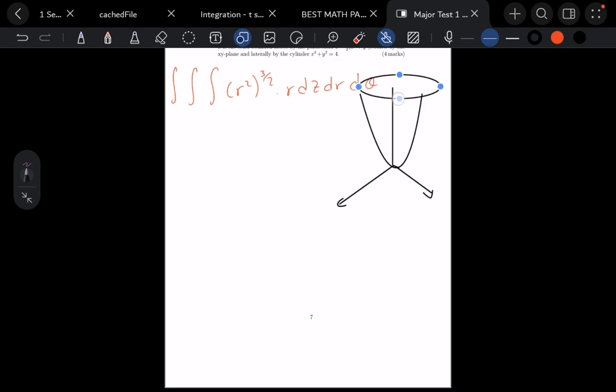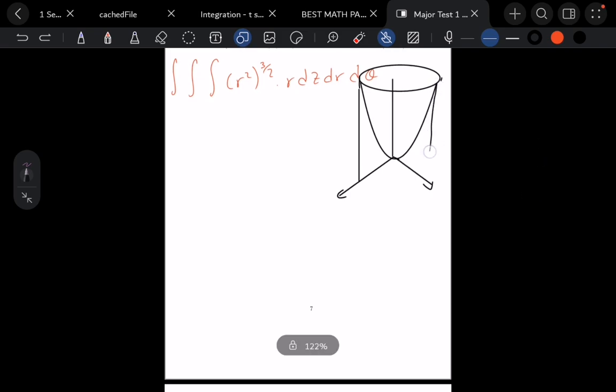We have a paraboloid that is facing upwards, and then we have a cylinder. And in your base, everything is bounded by the xy plane.